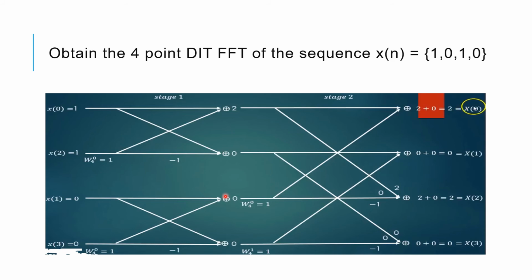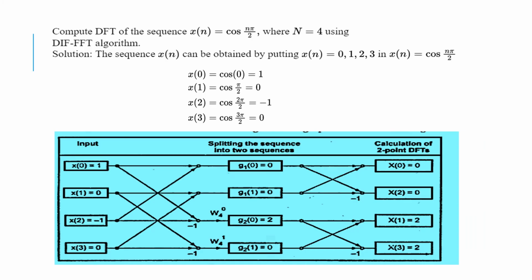The next one, 0 goes directly, whereas for this third line 2 comes from here and 0 goes directly. So 2 plus 0 is 2, whereas the last line the input comes from here. So 0 plus 0 is 0. So the output sequence is 2 0 2 0. This is a 4-point DFT. Sorry, 4-point FFT.